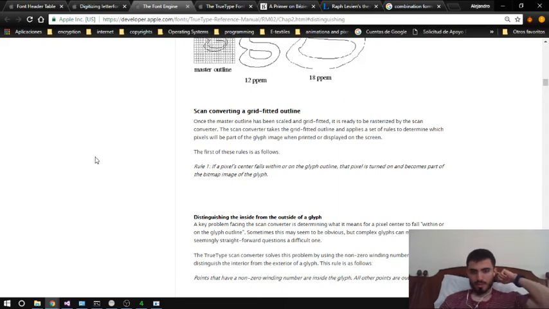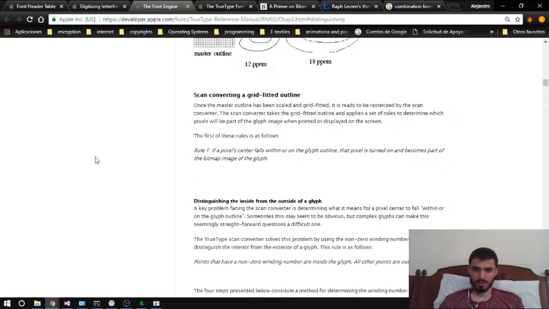If a pixel center falls within or on the glyph line, the pixel turned on becomes part of the bitmap image of the glyph.